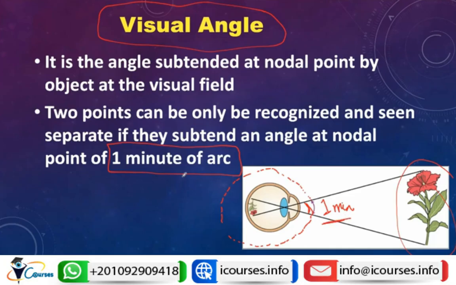If the object subtends an angle of 1 minute of arc at the nodal point, it will stimulate the cones of the photoreceptors, causing appreciation of this target. So this is called the visual angle, and again, to be seen separately, the target needs to subtend at least an angle of 1 minute of arc.